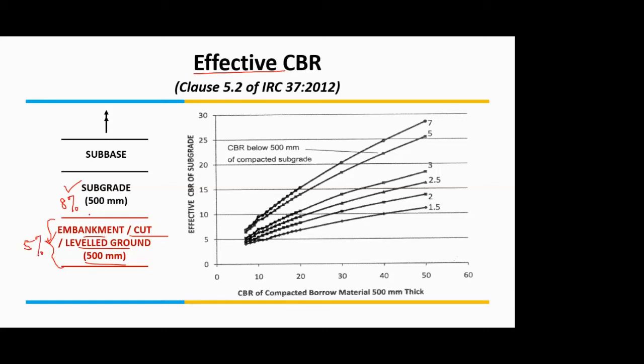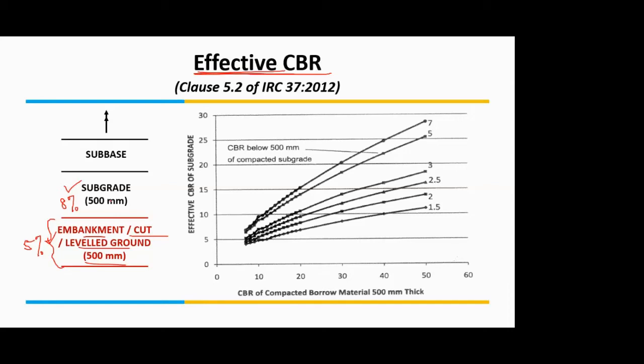So now I have to find out the effective CBR of this foundation, because I have two layers with two different CBR values, and it's not like you can say that suppose subgrade is above the embankment, so we can take the higher value of both and we can take 8%. Or some might say that, okay, if you consider the worst case scenario, then 5% is the less strength material, so we'll take that as the effective CBR.